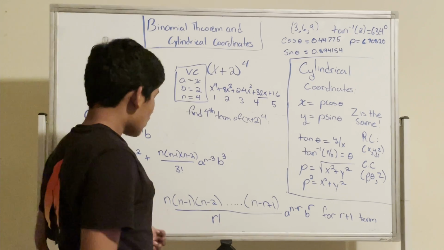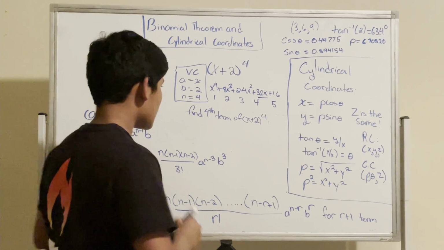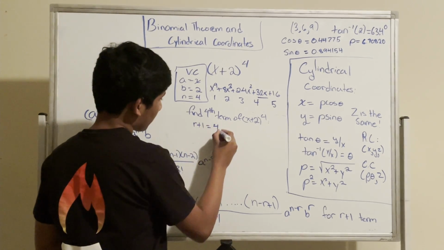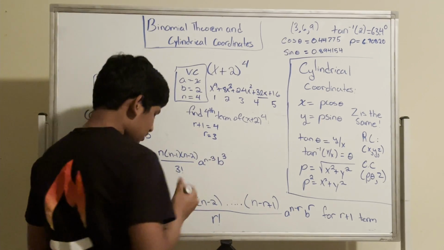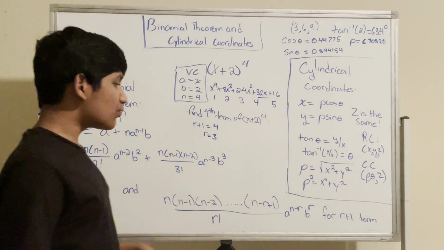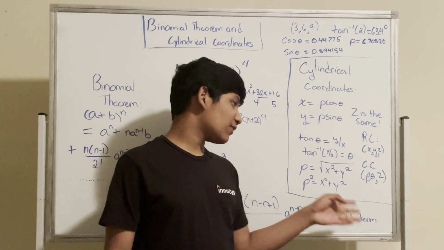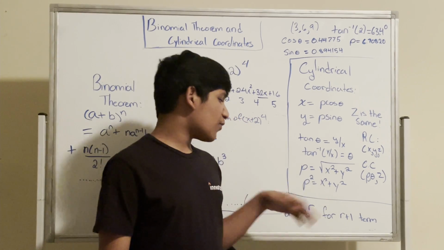So the first thing we're going to do is define r plus 1. We're going to set r plus 1 equal to 4. That means r is equal to 3. Now, notice the formula says this is the formula for the r plus 1 term.